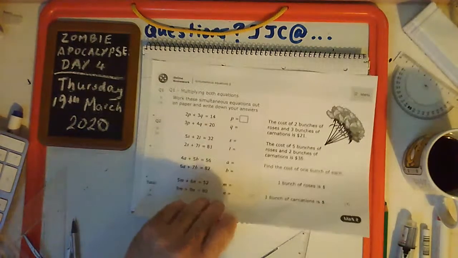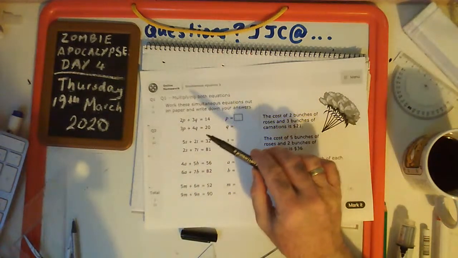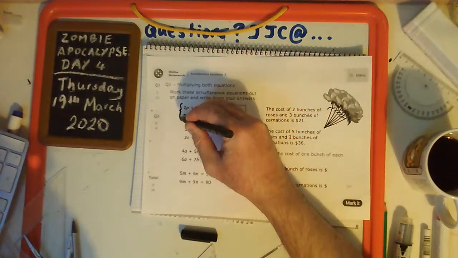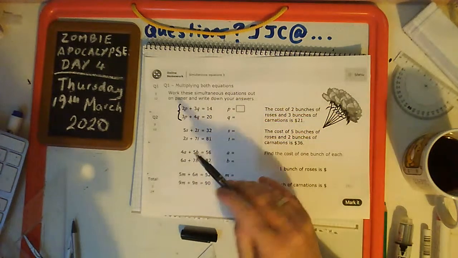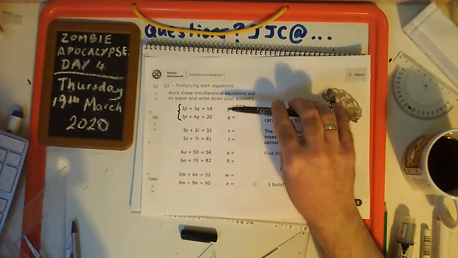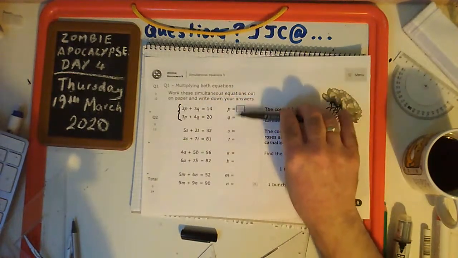Okay, so simultaneous equations. Simultaneous equations is where you get a pair of equations like that with two variable things in. So it could be x's and y's, but it could be any pair of letters. So here we've got two equations, and they've got two unknown things.